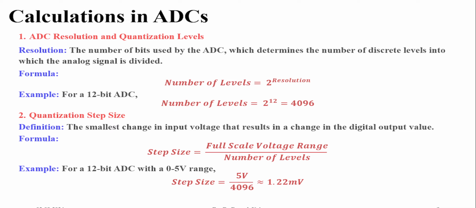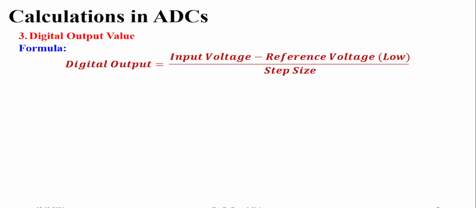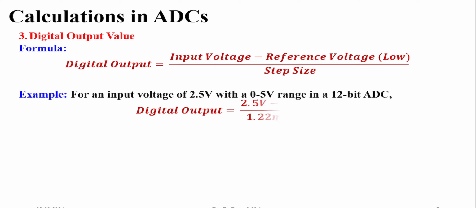Next, digital output. The digital output is equal to the input voltage minus the reference voltage, generally the low reference voltage, divided by the step size.